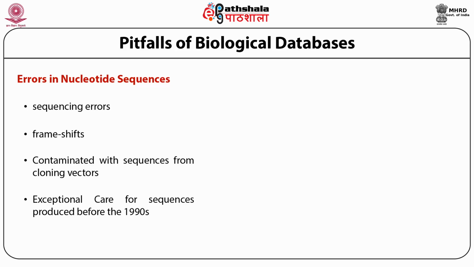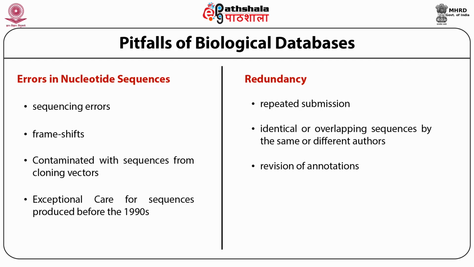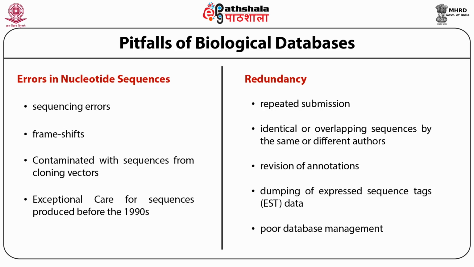The other problem is redundancy because of repeated submission. The same sequences are submitted by many authors, involving identical or overlapping sequences by the same or different authors, or revision of annotation, dumping of expressed sequence tag data, or poor database management. These are the most common problems associated with biological databases.